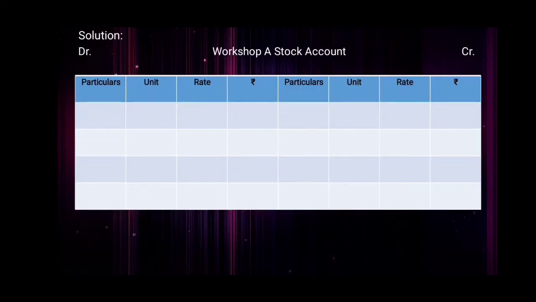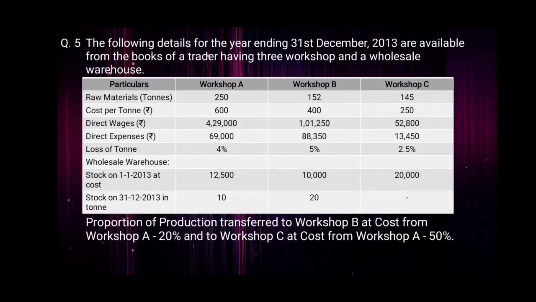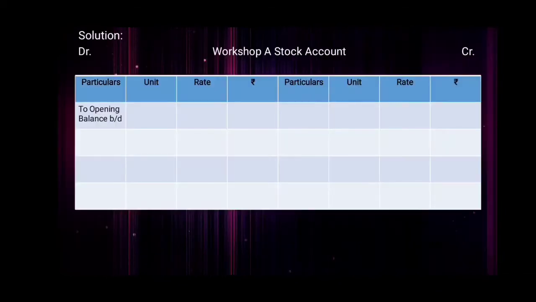Now let us prepare workshop A stock account. Stock on 1/1/2013 at cost for workshop A is given as 12,500. To opening balance brought down, amount will be 12,500.